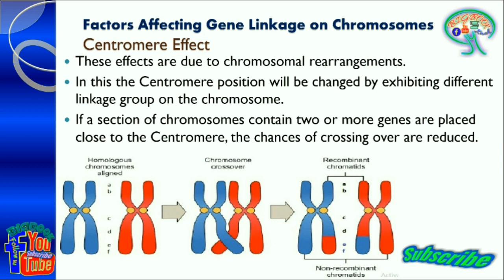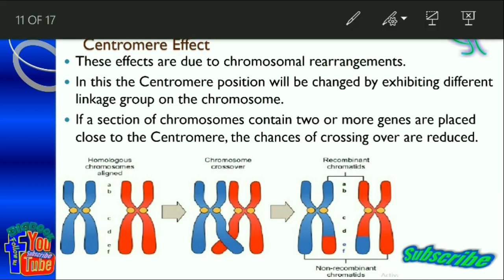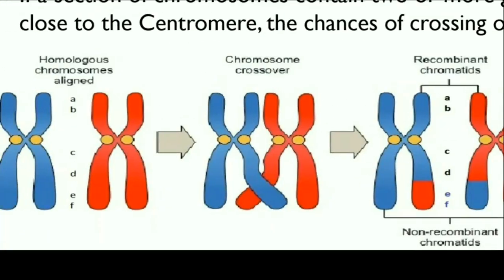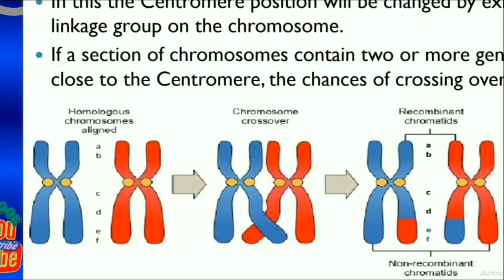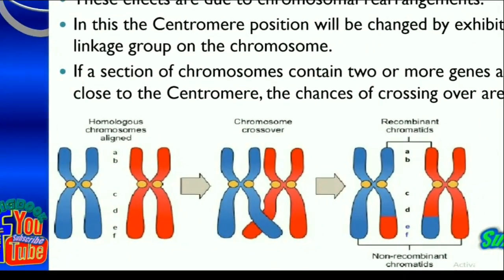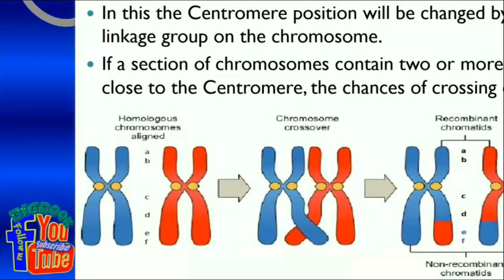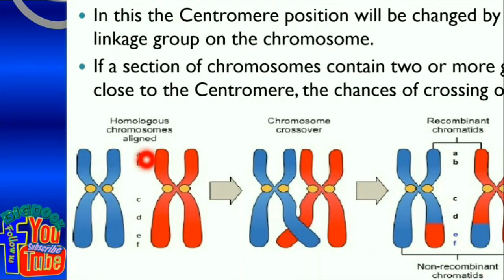Here, for example, you can observe we have taken the same picture for understanding this centromeric effect. Here, A, B, C, D, E, F, and the centromere is present here. These are the 2 parental chromosomes in their tetrad form.